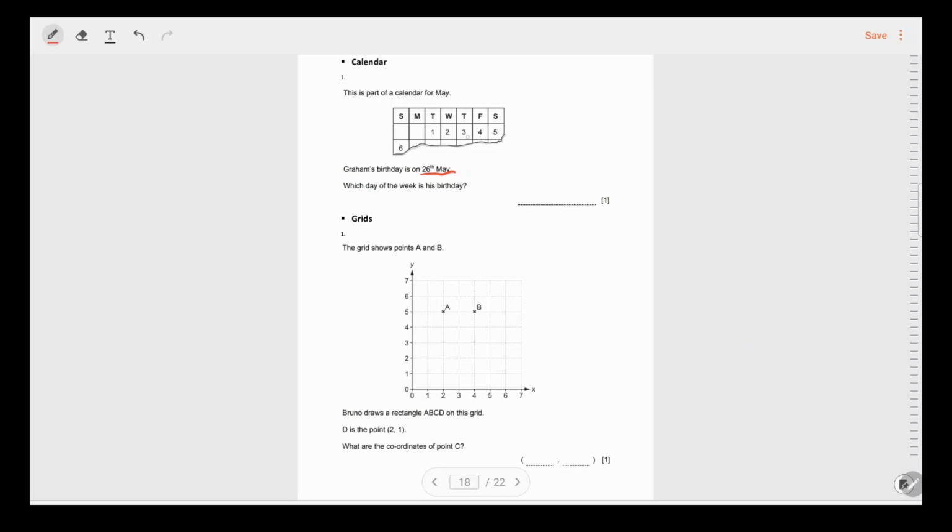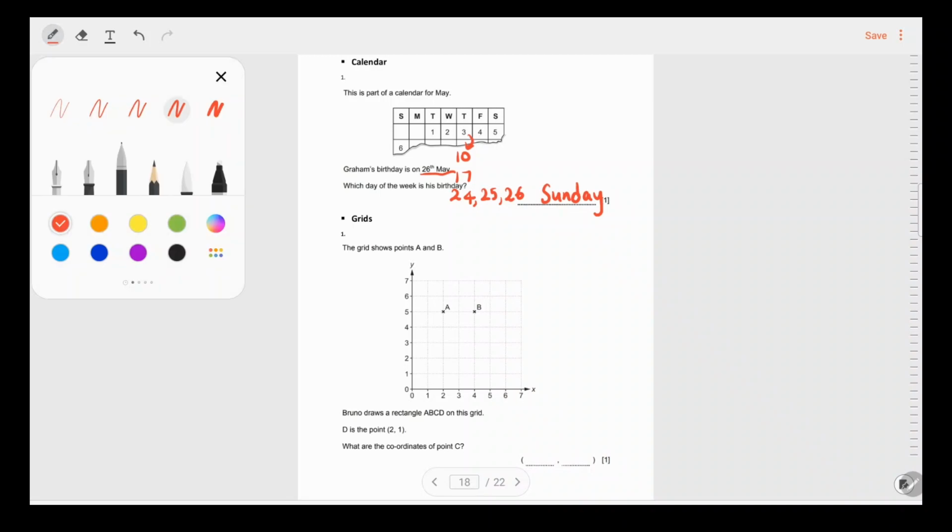So I will go to 3 and then add 7, which is 10, and then add 7, which is 17, and then add 7 again, which is 24. So 24, which means Friday is 25 and Sunday is 26. So Graham's birthday is on Sunday.